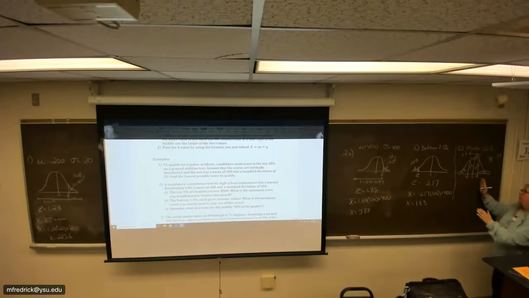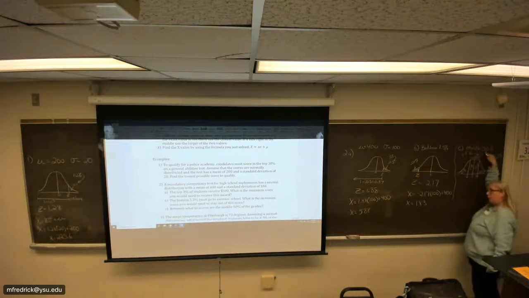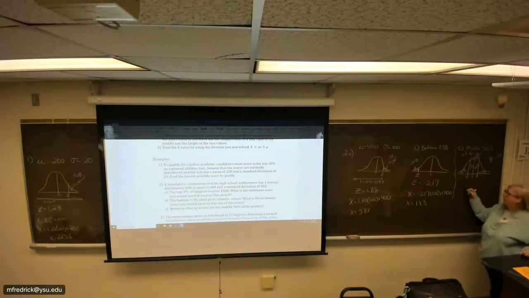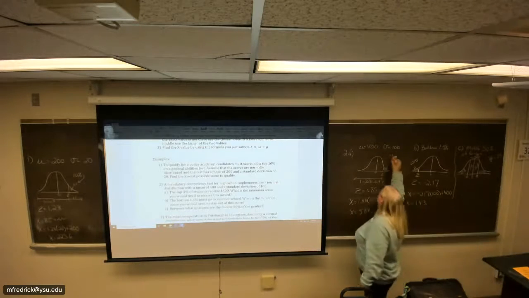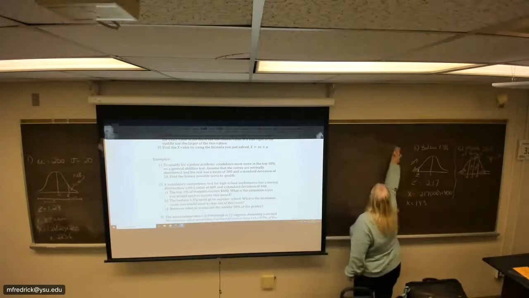So I knew there was a Z on each side of the 0 because they said the middle 50%. So to find this first one, use negative. It'll be a negative value.